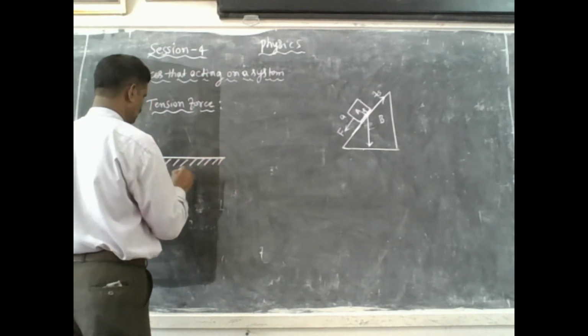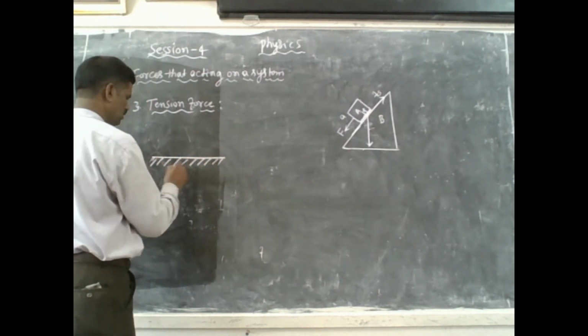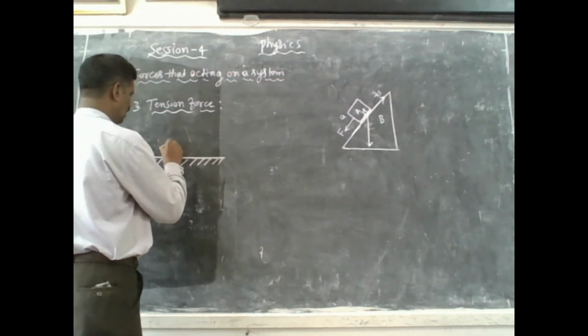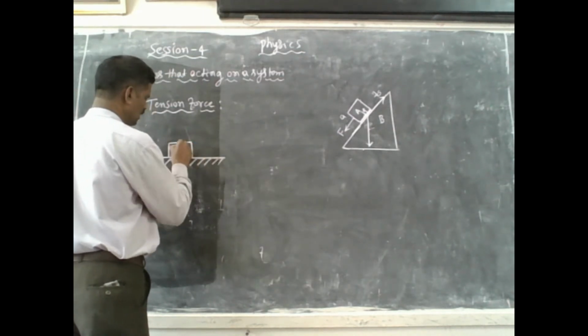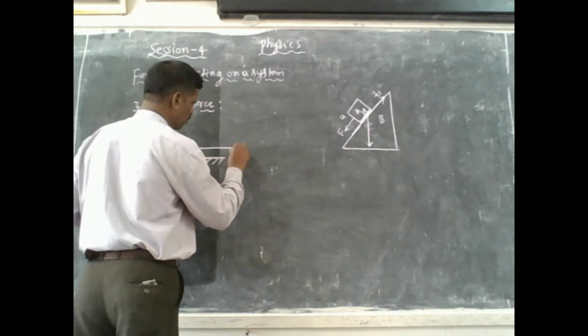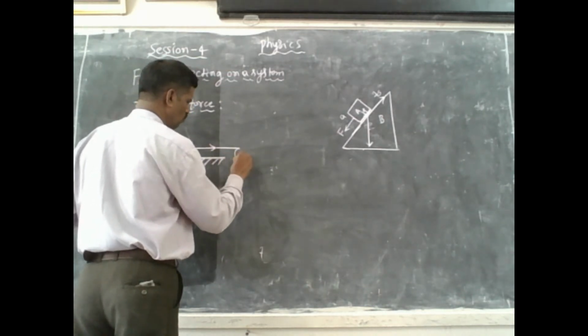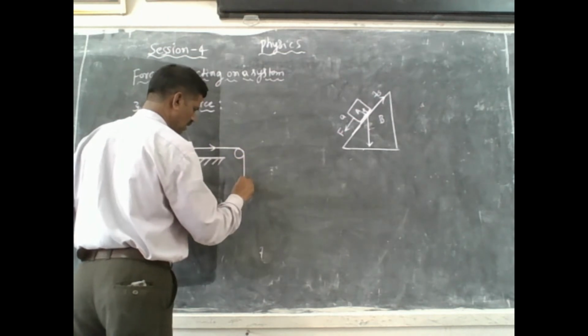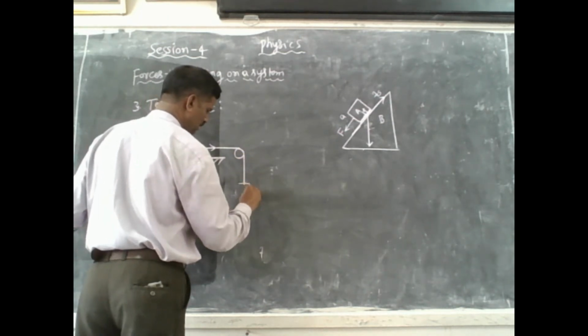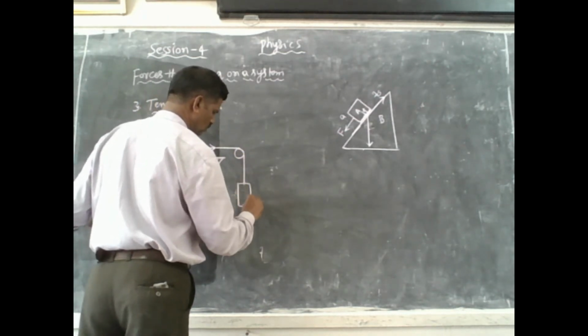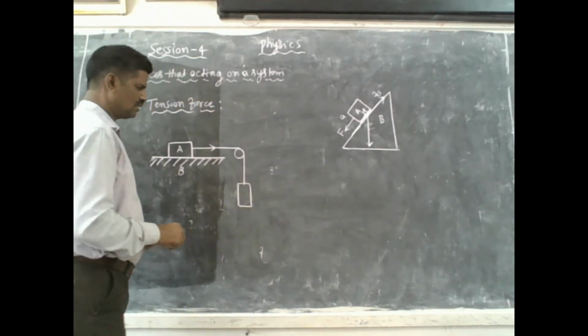Suppose there is a body, and body A is pulled by a rope over a frictionless pulley.